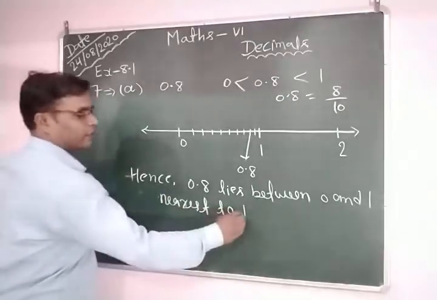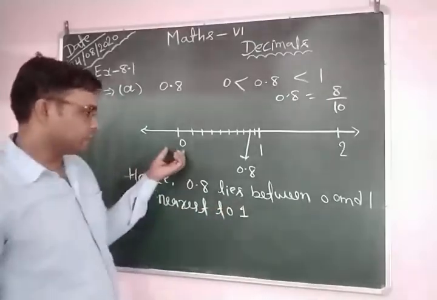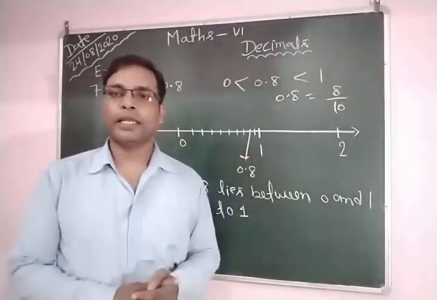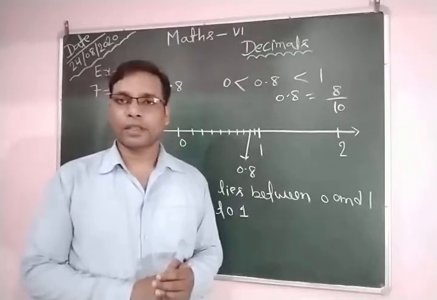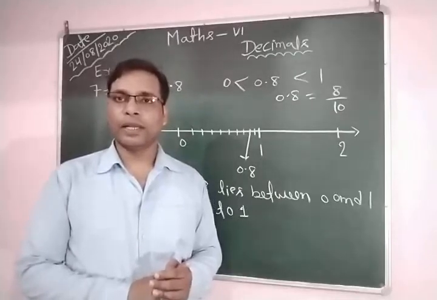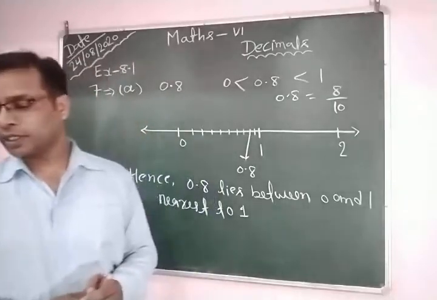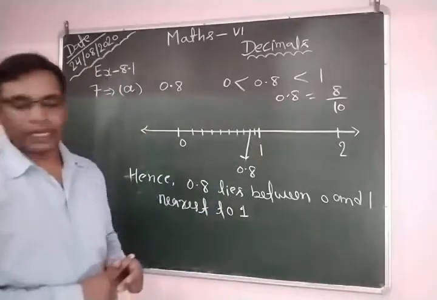Okay, you can see here 0 is here and 1 is here. 0.8 is nearest to 1 and lies between 0 and 1. Now next part, B part of this question, and this is 5.1.